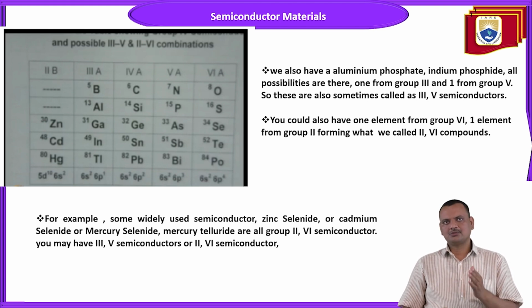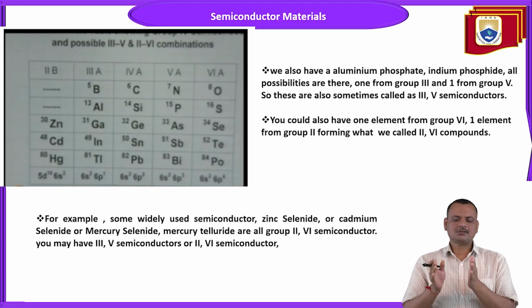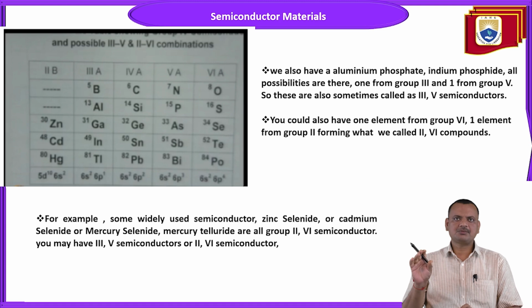Third-fifth: the outermost orbit of a third group element contains 3 electrons, and the outermost orbit of a fifth group element contains 5 electrons. So 5 plus 3 is 8, and stability is achieved.